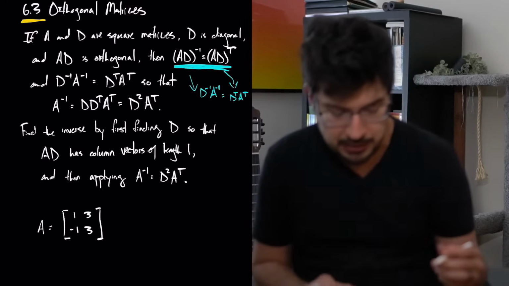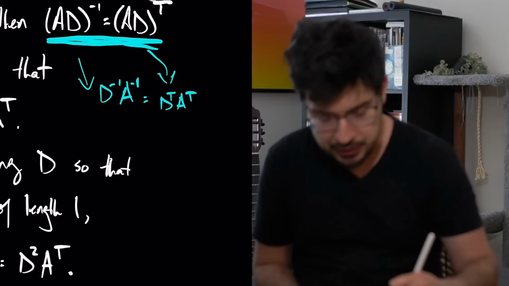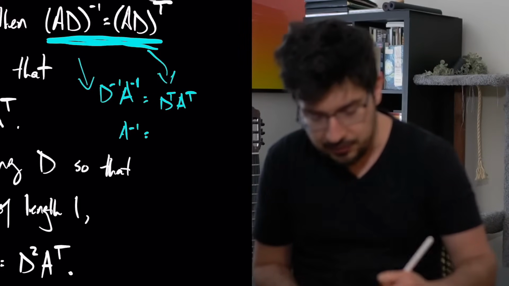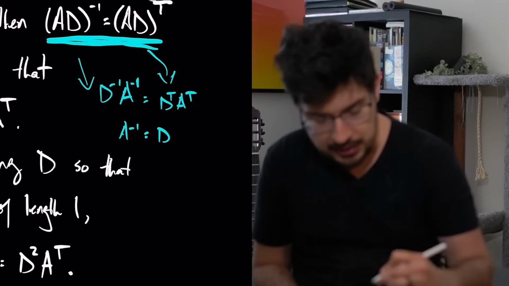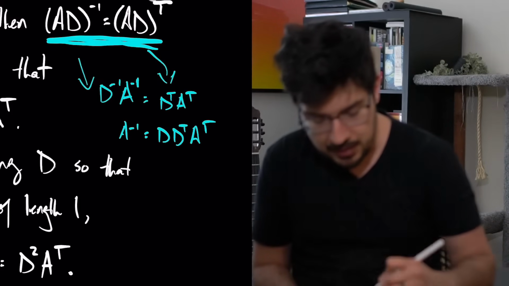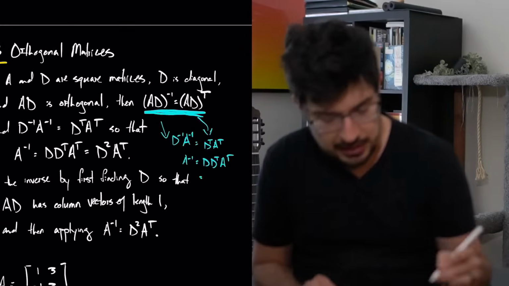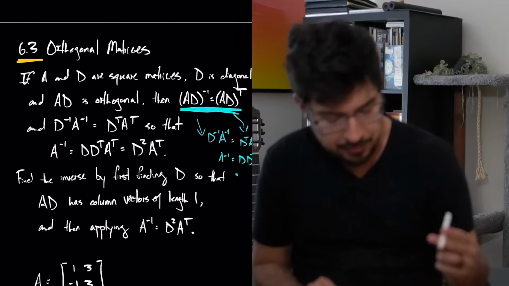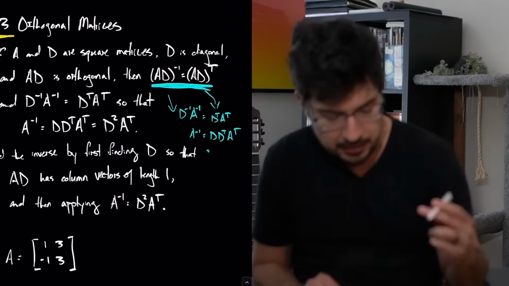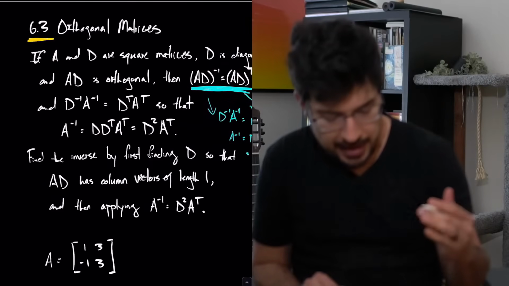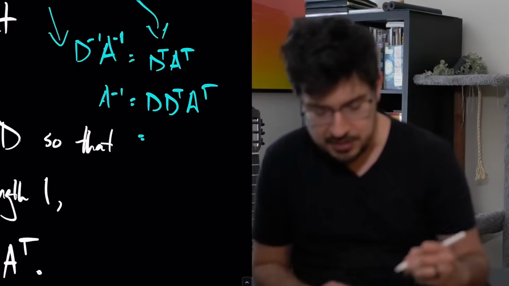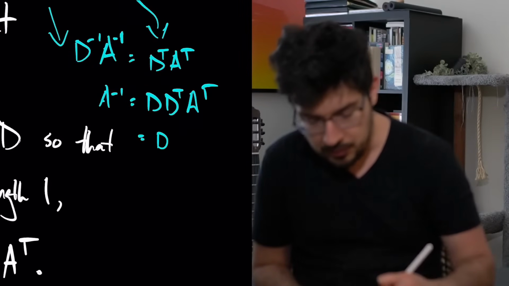So you can multiply both sides of this equation by D, and then we get A inverse equals D D transpose A transpose. And D is diagonal. A diagonal matrix always equals its transpose.